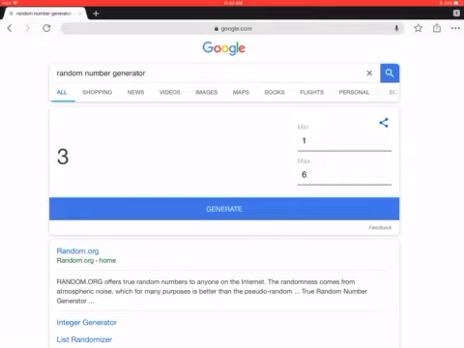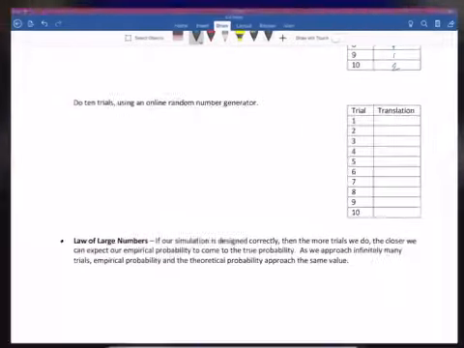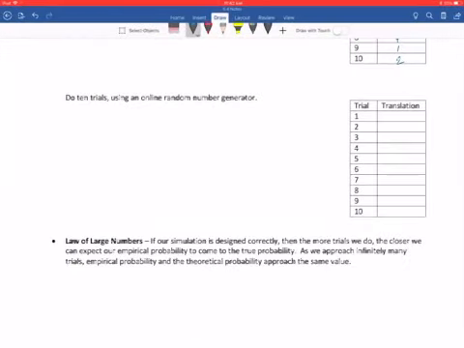I'm going to do this on the fly. I'm going to generate some numbers. First number is a 3, a 2, a 5, a 1, a 4, a 3, a 5, a 6, a 4, and a 1.